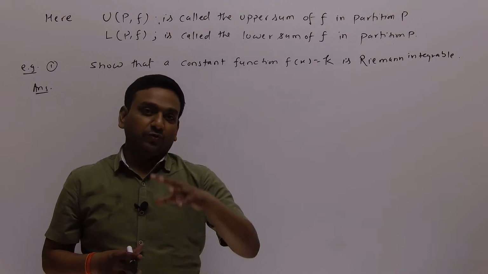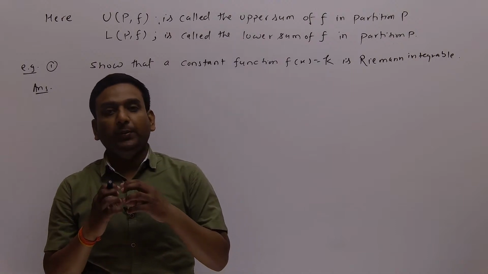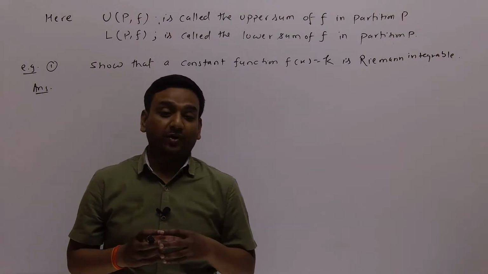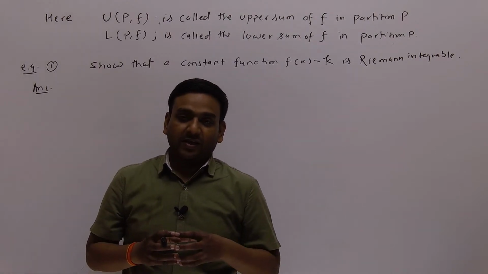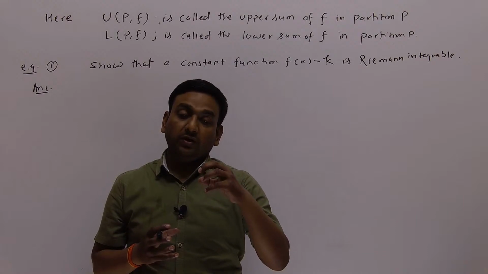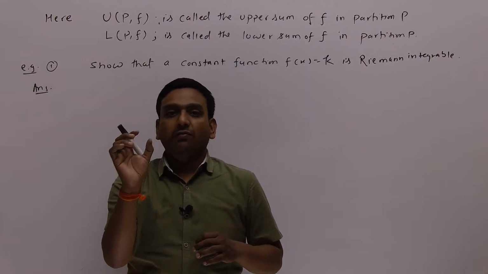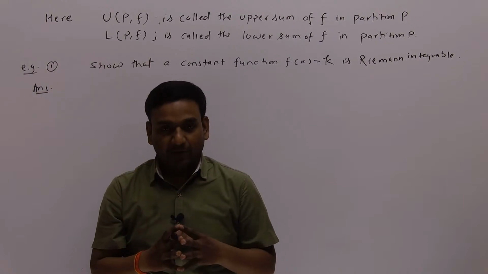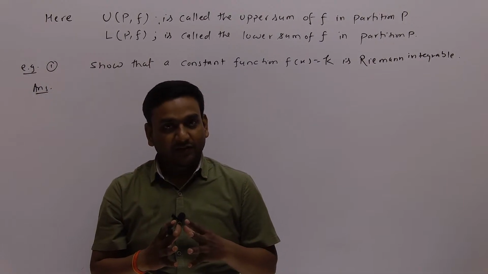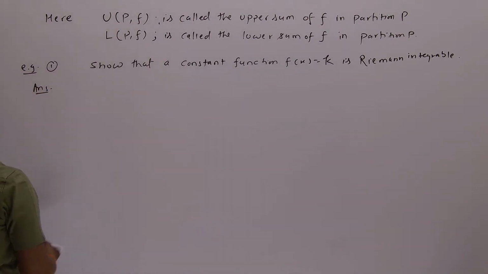Okay. So whatever the limits of integration are, you just do the partition of the limits of integration. You just try to find out what are the lower bounds and what are the upper bounds in each subinterval of that partition. Fair it is? कोई दिक्कत? चलो. So what the idea is, let's divide this interval.